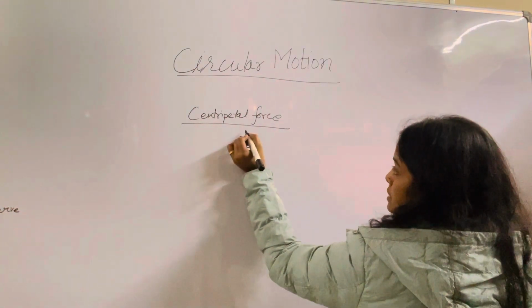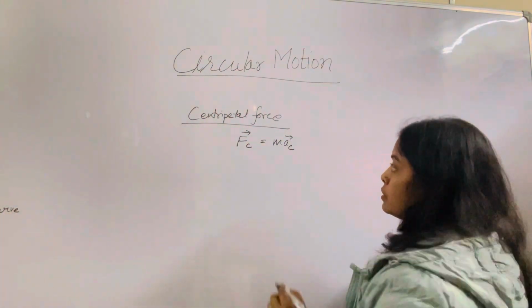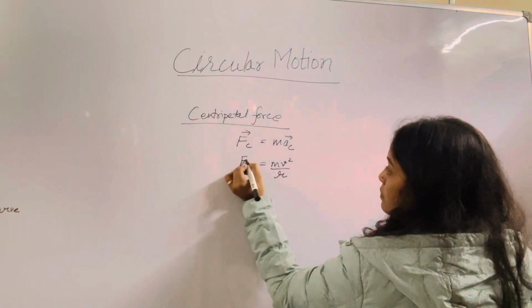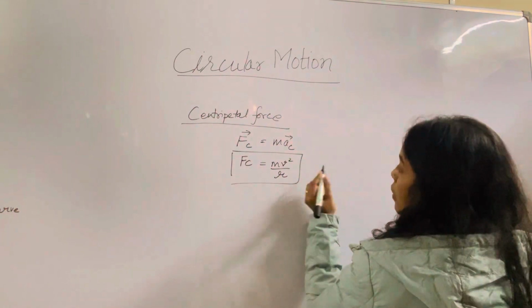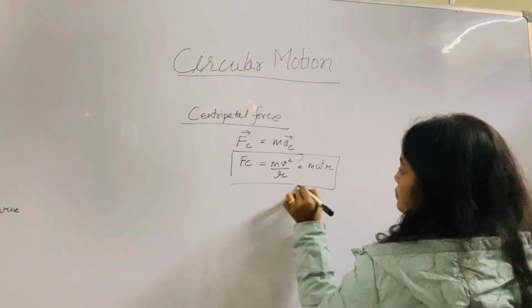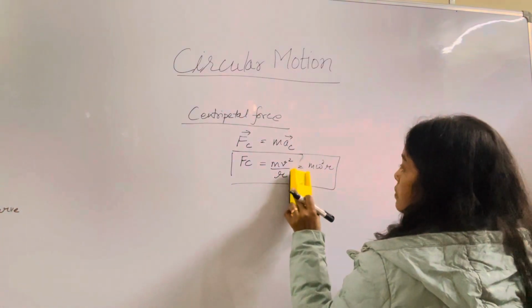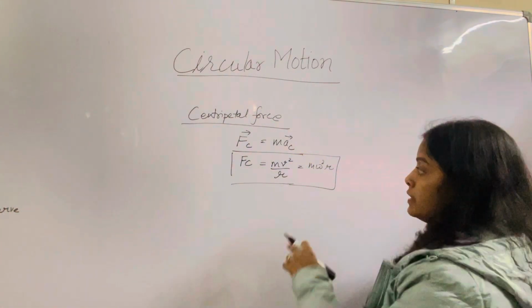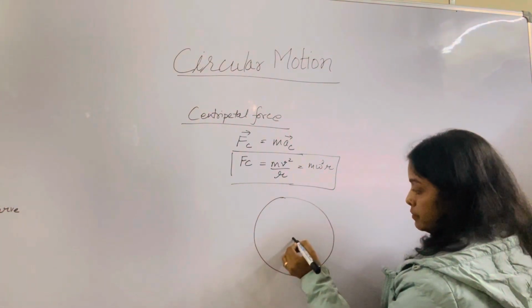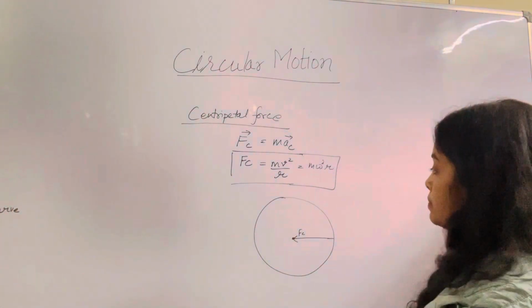Centripetal force is given by mass times centripetal acceleration, and we know that centripetal acceleration is v squared by r. So centripetal force is equal to mv squared by r, or equivalently m omega squared r. Like centripetal acceleration, it is always directed into the center. Okay, this is the centripetal force.